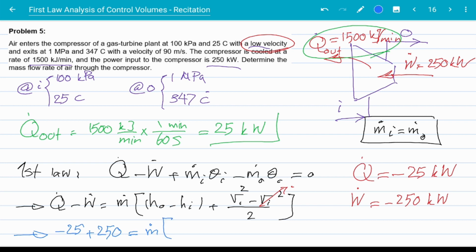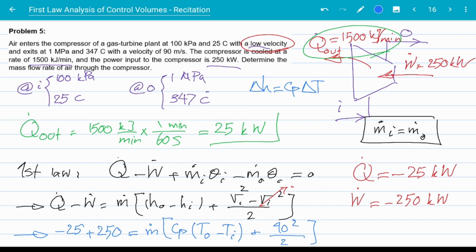we are dealing with air, so for delta H, we can use the equation, delta H is Cp delta T. So that's what we are going to use here. Cp of air, temperature of the outlet minus temperature of the inlet plus 90 squared over 2.